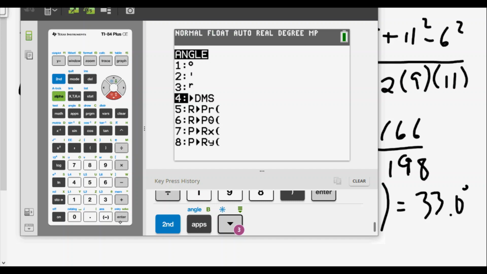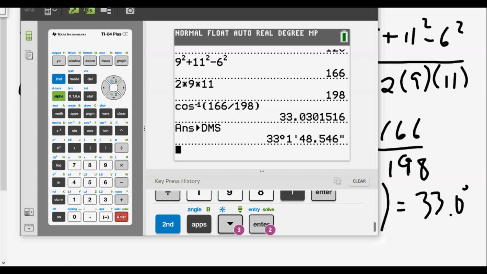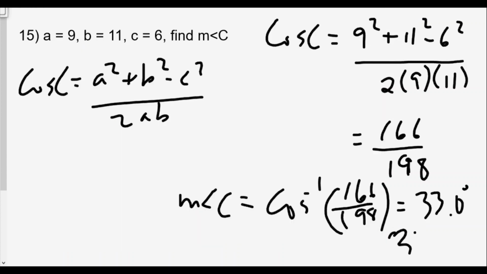So we'll take a look here: enter, answer, enter. And we get 33 degrees, 1 minute, and 48.546 seconds, which really rounds off to about 33 degrees. So we're still with the same answer, 33 degrees.